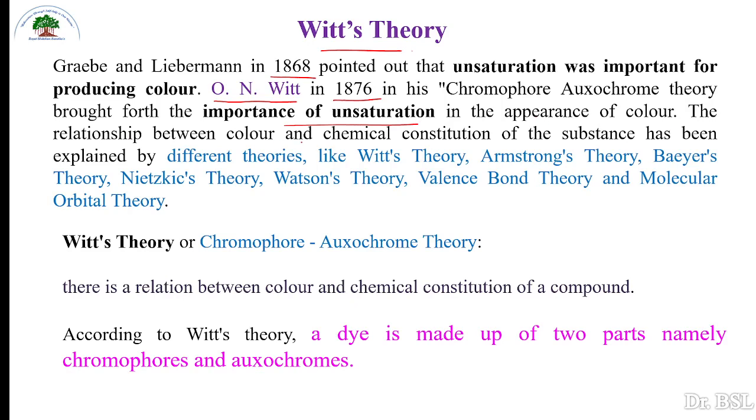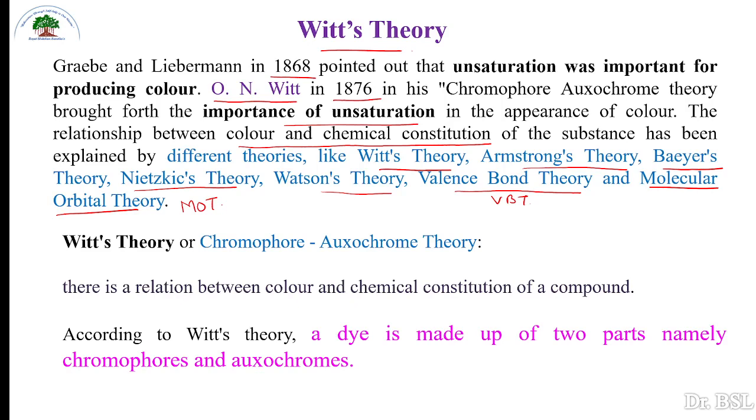The relationship between color and chemical constitution of the substance has been explained by different theories like Witt's theory, Armstrong's theory, Bayer's theory, Nietzki's theory, Watson's theory, valence bond theory or VBT, and molecular orbital theory or MOT.